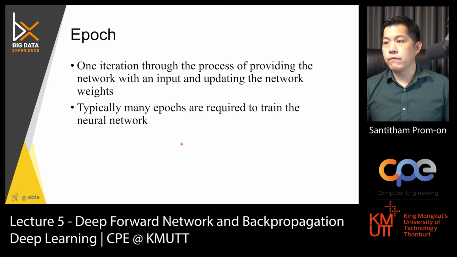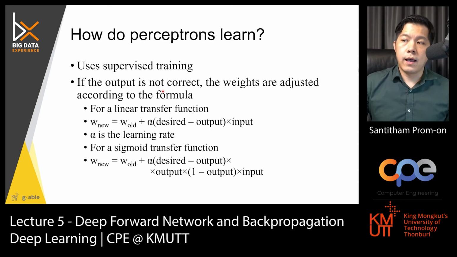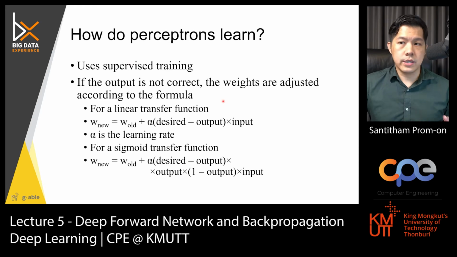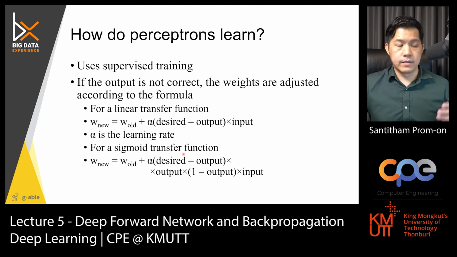For each epoch, this will be done. The weights are adjusted in this way. For example, for a linear transfer function, the adjustment would be the learning rate multiplied by the difference between the desired output and the output. For the sigmoid transfer function, we have already done this in the derivation of the gradient.